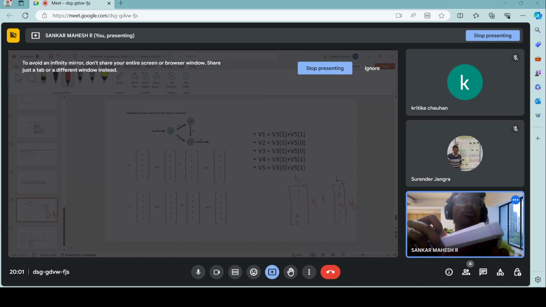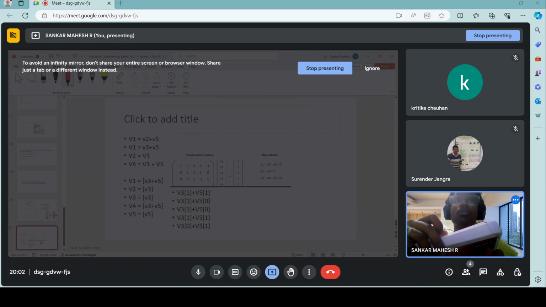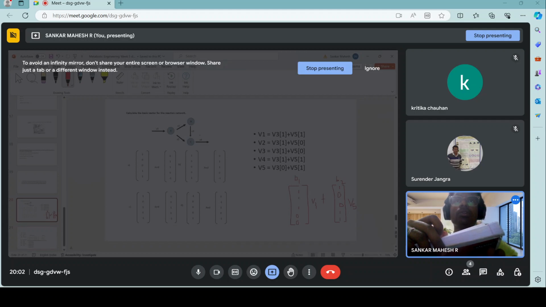Although we got these basis vectors, I am unsure if these are the right basis vectors because they do not correspond to the answer that is being shown here.